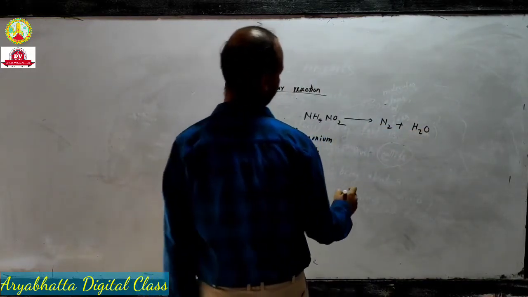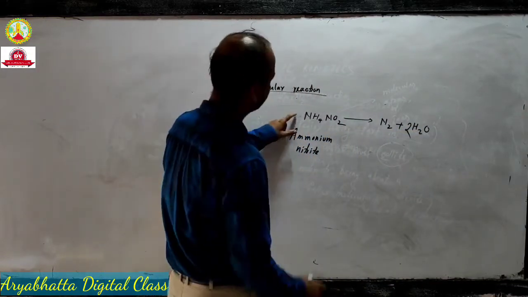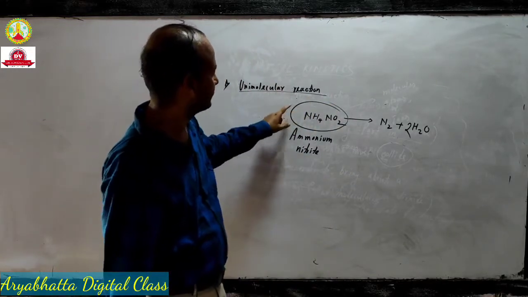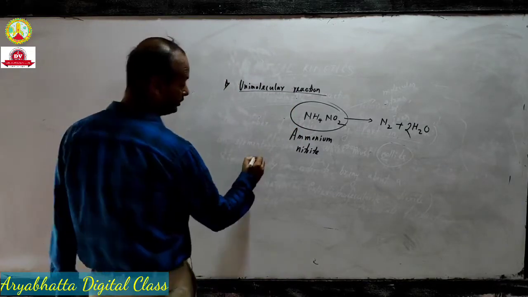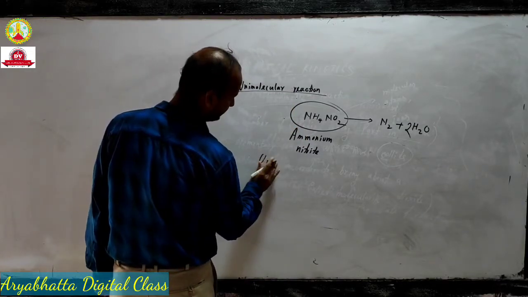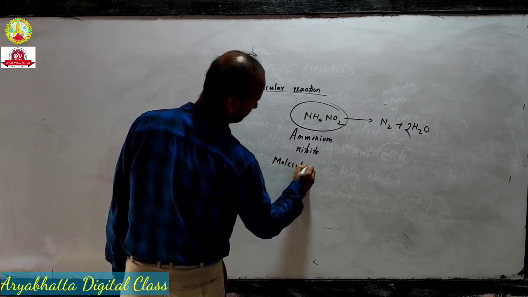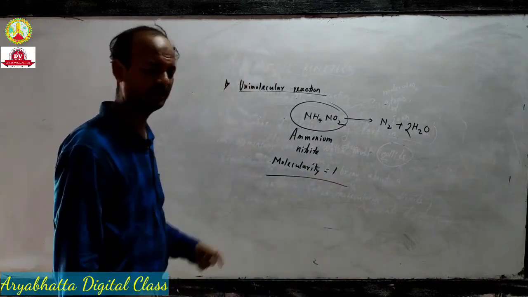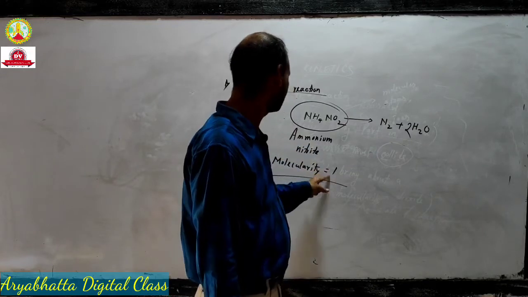After balancing, this will obviously be 2. Only one species is involved in this reaction, so one molecule is involved. So this will be a unimolecular reaction. Here molecularity is 1. In a unimolecular reaction, only one species is involved and molecularity is 1.